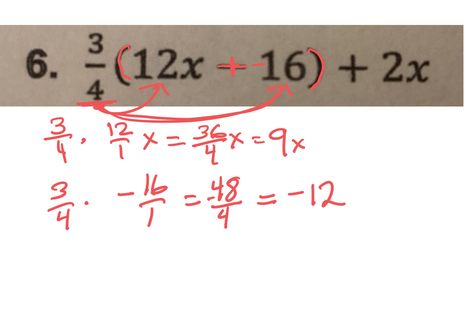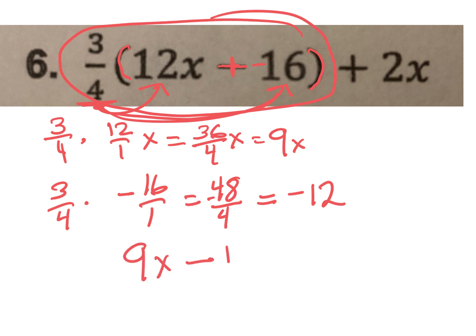So now I have this whole thing right here is now turned into a 9x minus 12, and then I have to add the 2x because this is still a part of it, so that comes down there.